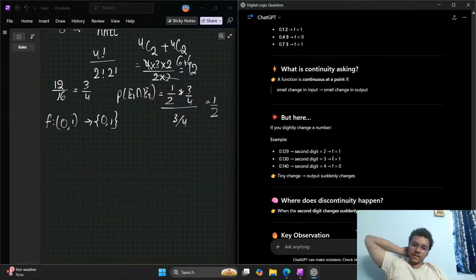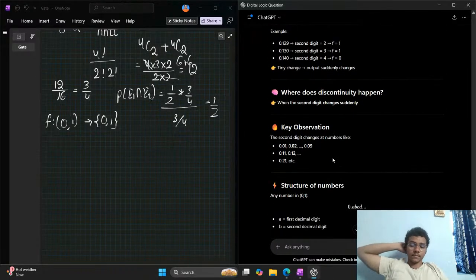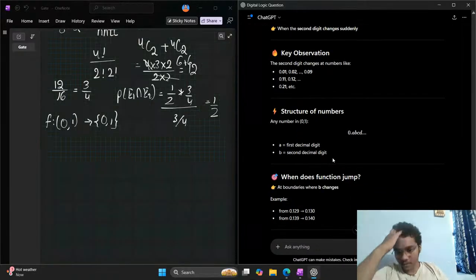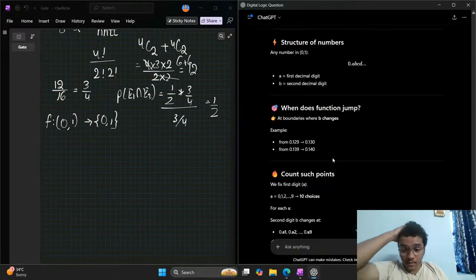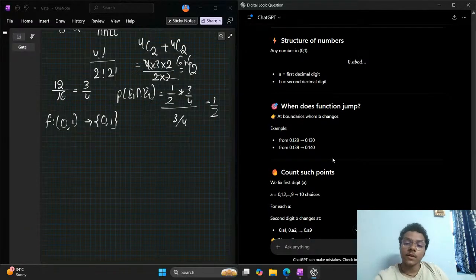But if you slightly change a number, a tiny change, and the output suddenly changes.